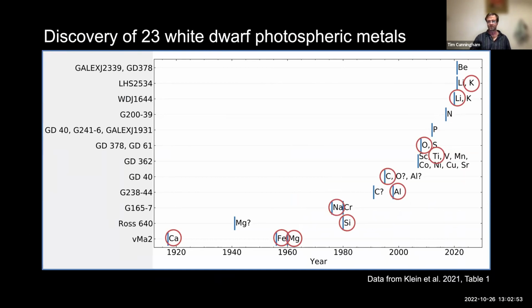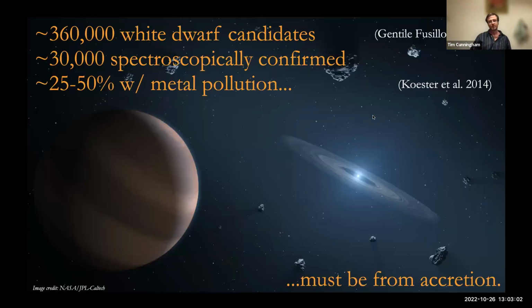So white dwarfs are really unique tools for probing the composition of exoplanets. We now have a catalog of 360,000 high confidence white dwarf candidates, and we're in the process of a very long spectroscopic follow-up to confirm all of those.